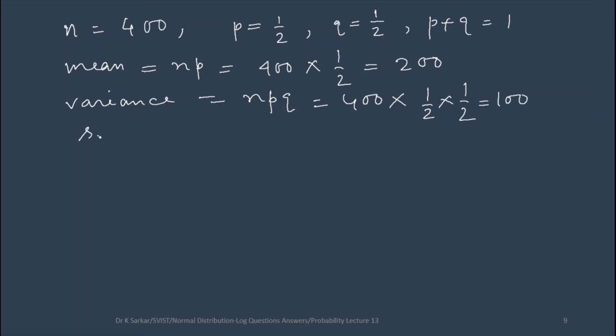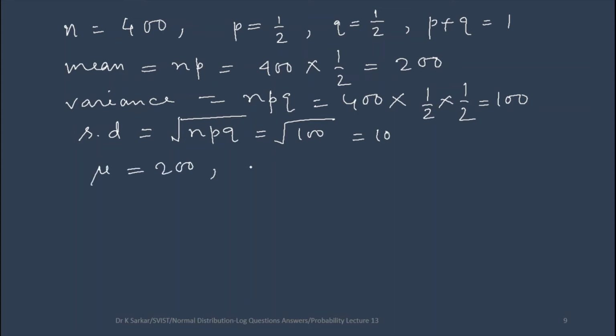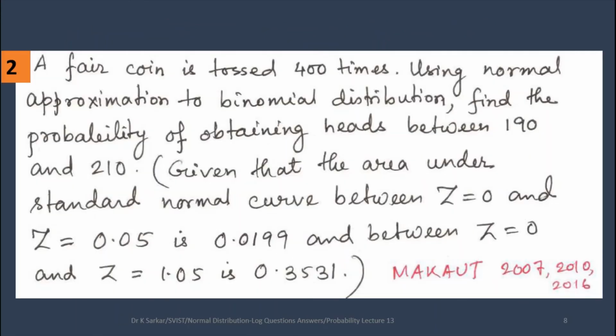Now the standard deviation is square root of npq, square root of variance. So square root of 100, that is 10. Therefore, mean of normal distribution mu is 200 and sigma is 10. Now the mean and standard deviation known to you, you can solve the question yourself, same as before.